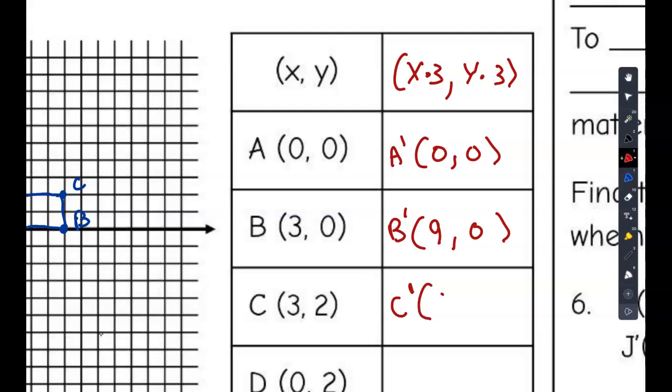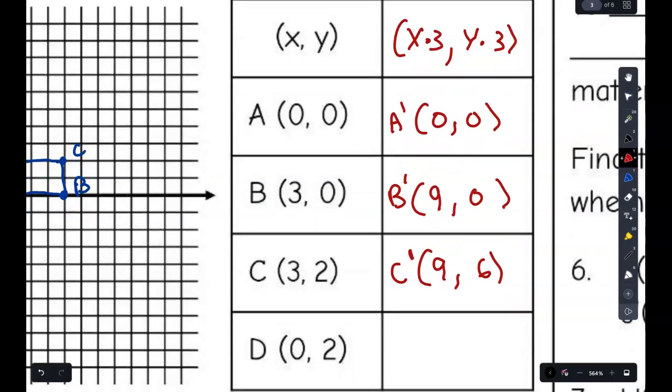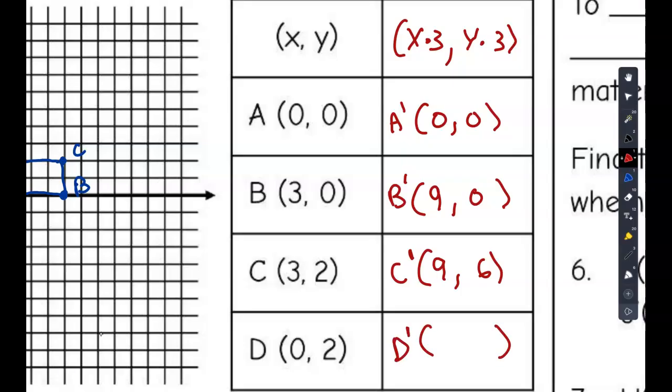You should get 9, 6. And finally, D prime. You should get 0, 6.